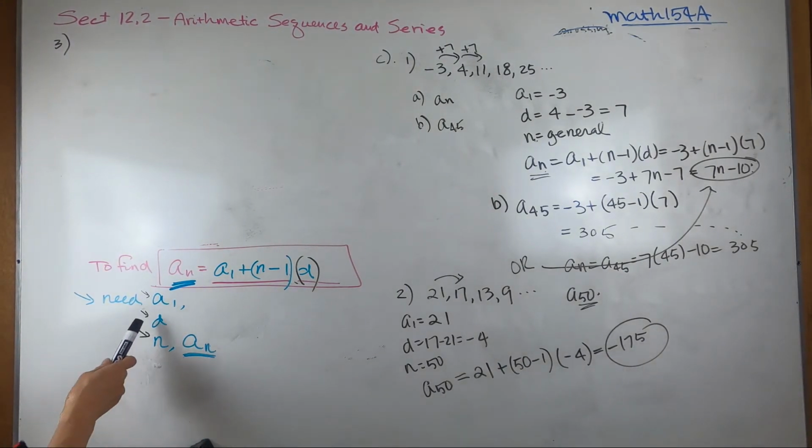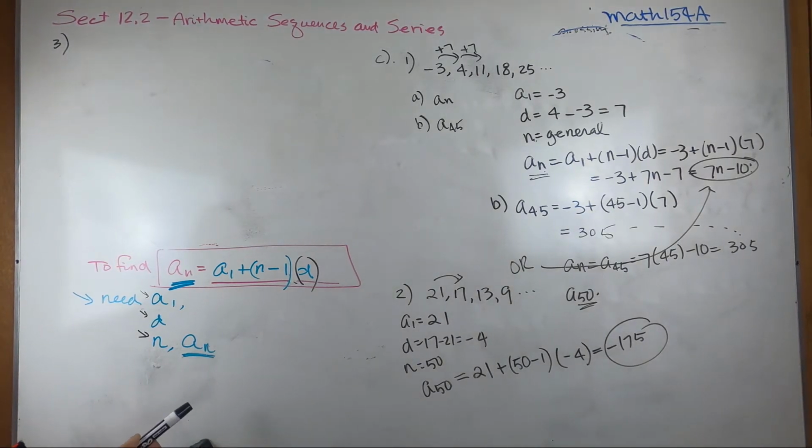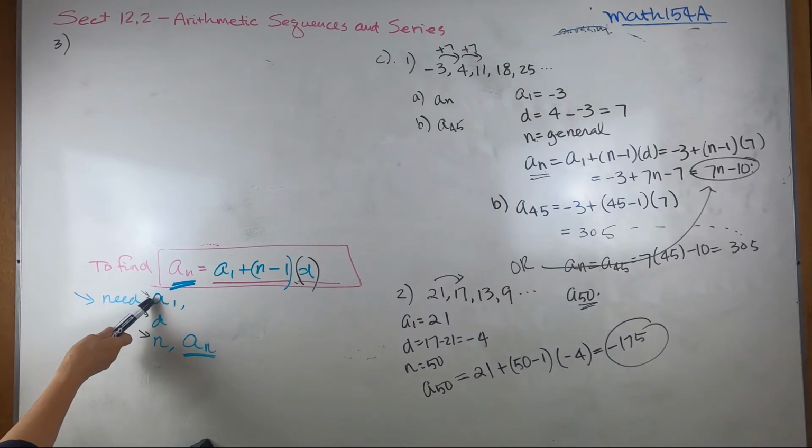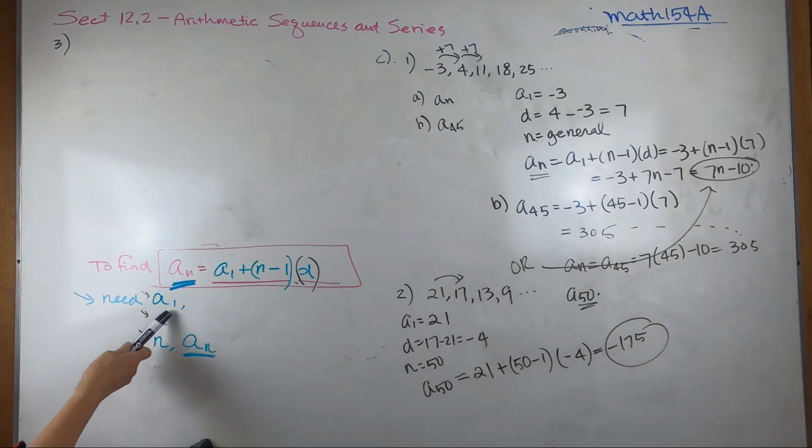Like we will give you the first position, then the common difference, then we will expect you to find, say, the 40th term or 50th term, then you will find the third number. We might give you a first number or give you a 10th term, then we will expect you to find a common difference, right?